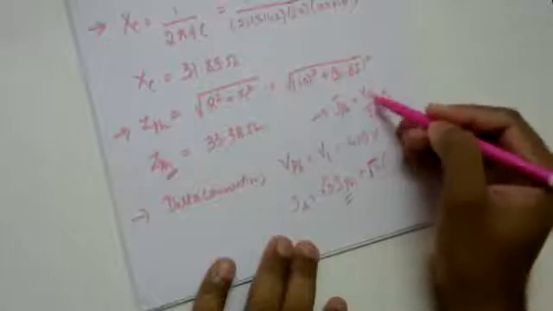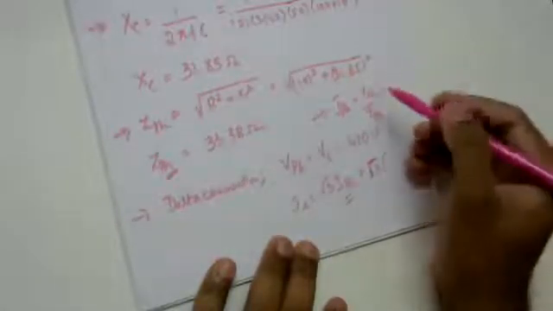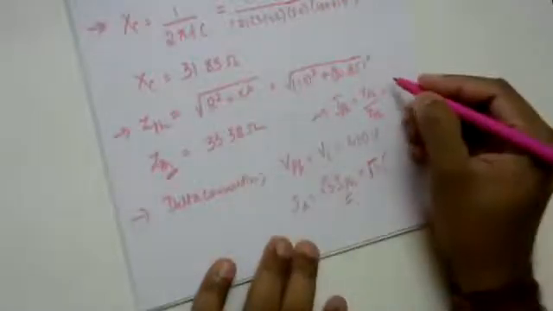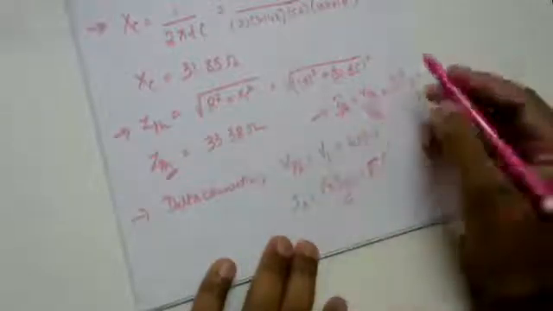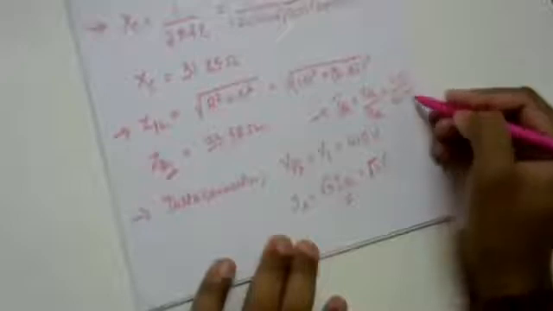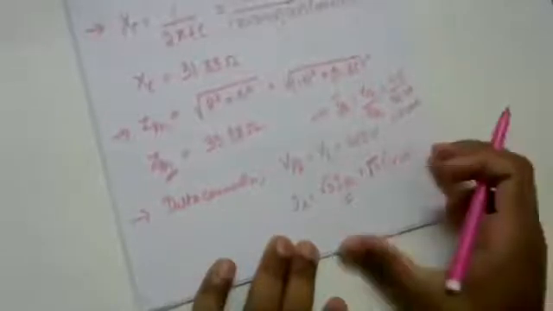V phase is 410 volts divided by impedance of each phase, 33.38. 410 by 33.38 turns out as 12.28 amps. Then I can write my I phase is 12.28 amps.